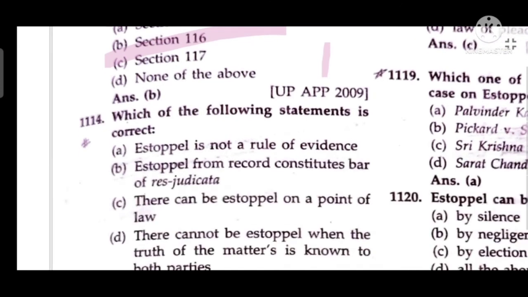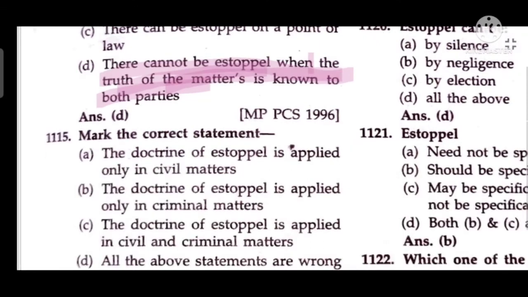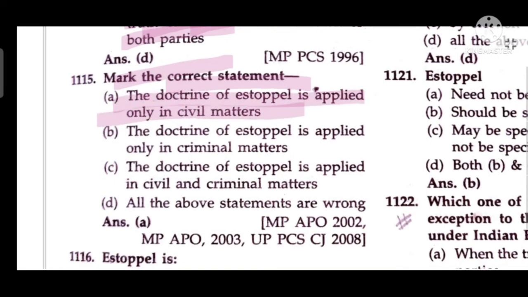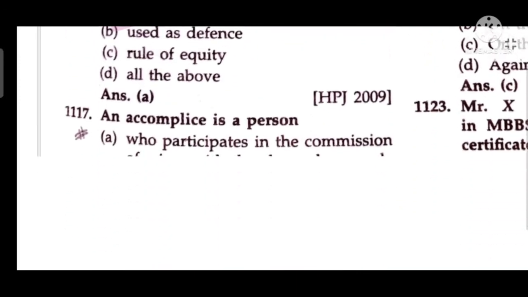Section 116. Which one of the following statements is correct? There cannot be estoppel when the truth of the matter is known to both parties. Mark the correct statement. The doctrine of estoppel is applied only to civil matters. Estoppel is a rule of evidence.